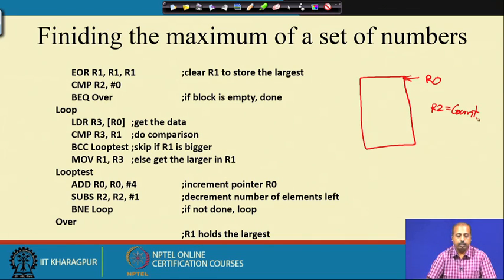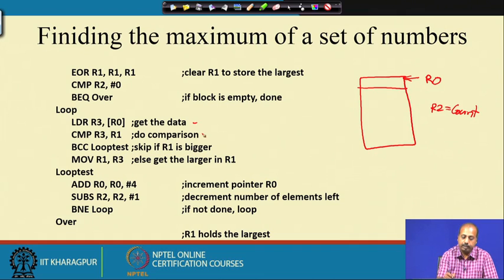Then we first compare R2 with 0. If R2 is 0, that means nothing to be done, so it will be over. So, branch on equal to over. Otherwise, it comes to this statement, LDR R3, [R0]. So, the first number that you have is loaded into the R3 register.